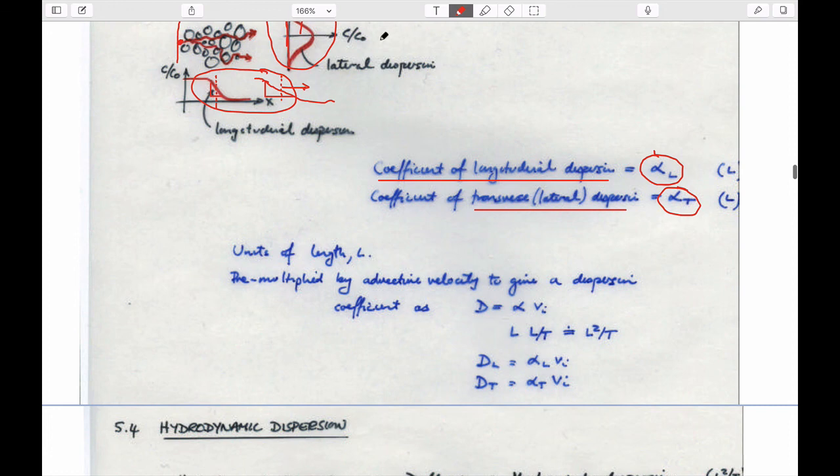So if we know, for instance, the advective flow velocity, which is only in the longitudinal direction, the advective velocity in the transverse direction has to be 0, right? This is a vector, it has a maximum value here, and orthogonal to that vector, it has to be 0.